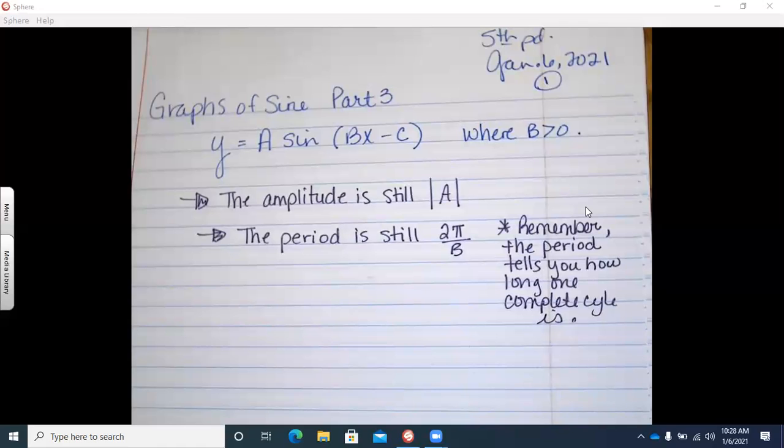So let's make sure we take good notes here. You take good notes and you read your notes, it's going to be a lot less confusing than if you don't.